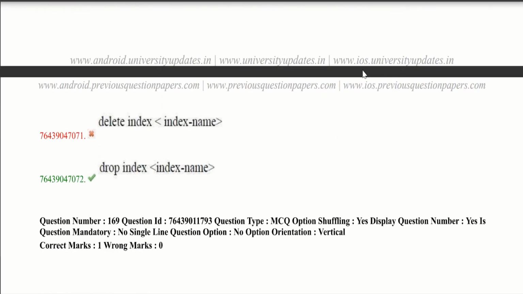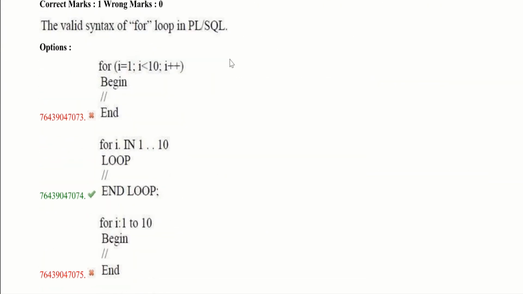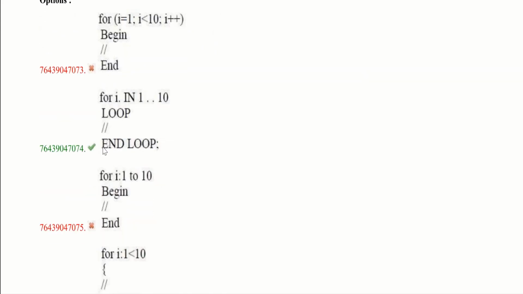Now let's get to our ninth question. The valid syntax for a loop in PL/SQL. The correct option is the second. Here i is the counter, 1 is the initial value and 10 is the final value.